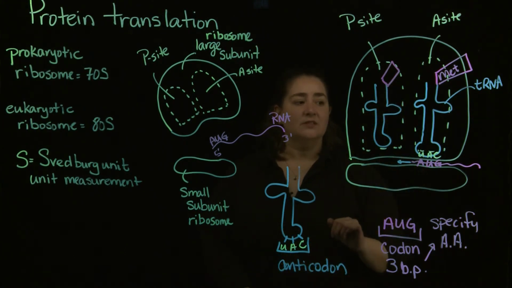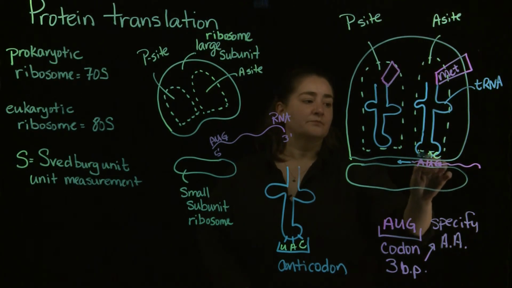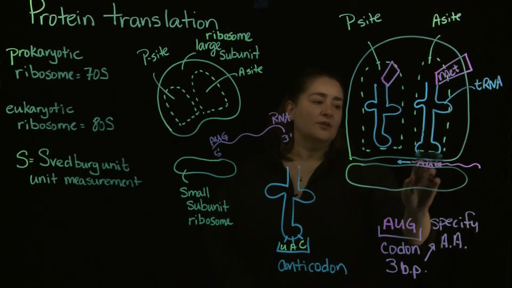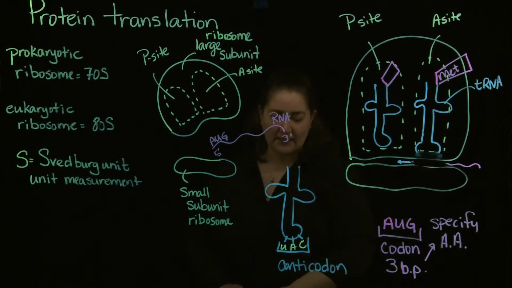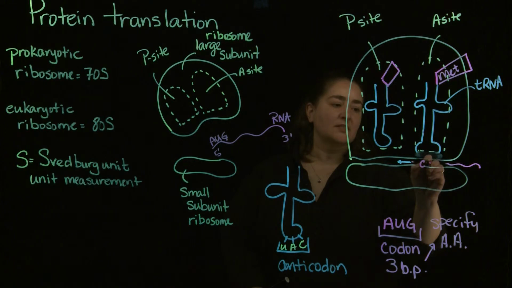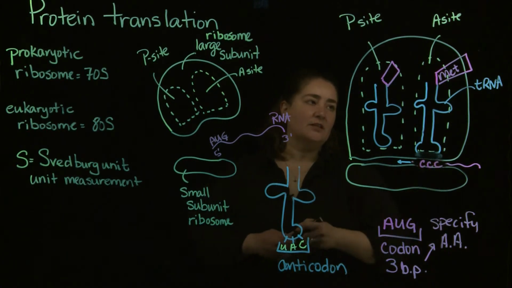Because once we've moved into the P site, we now can have another tRNA molecule that comes in that's going to bring in a different amino acid. All right? And what amino acid is brought in is going to depend on what the codon is.